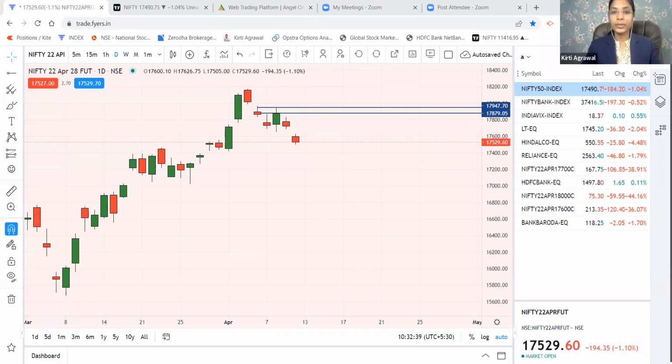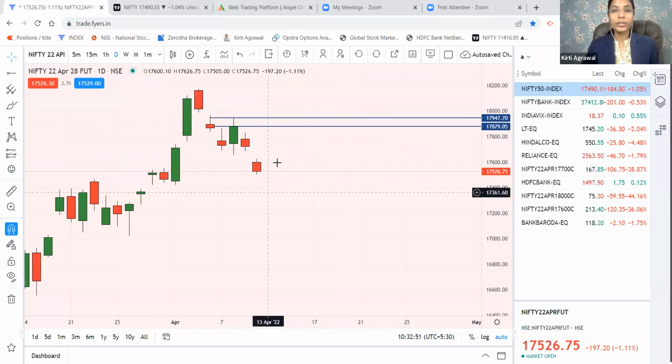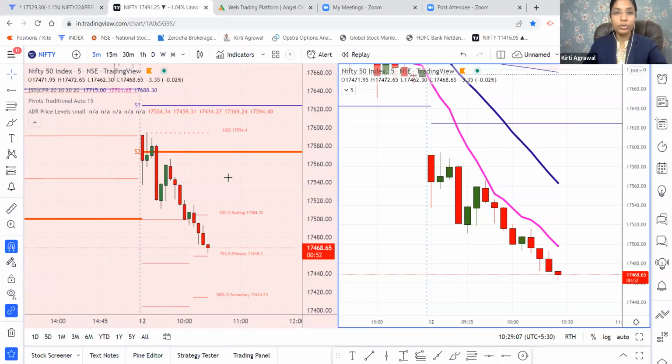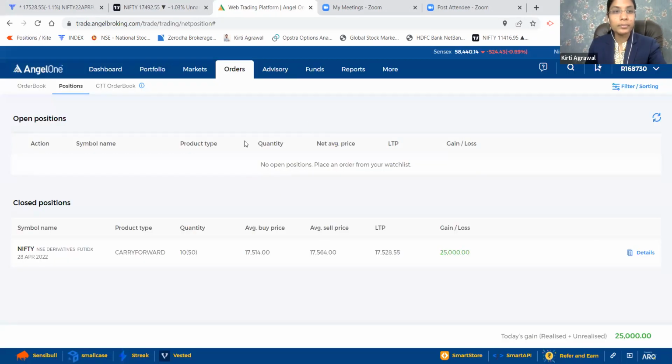And now if you see, this sell trade has worked and we made around 40-50 points in it, right? We shorted Nifty future, and I can show you this is my Angel account. At the start of the day, I booked around 25,000 rupees in the first fall that came into the market.